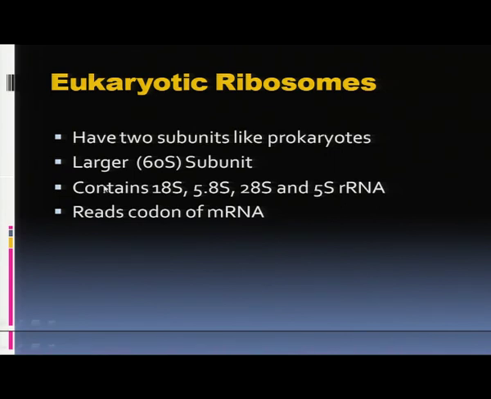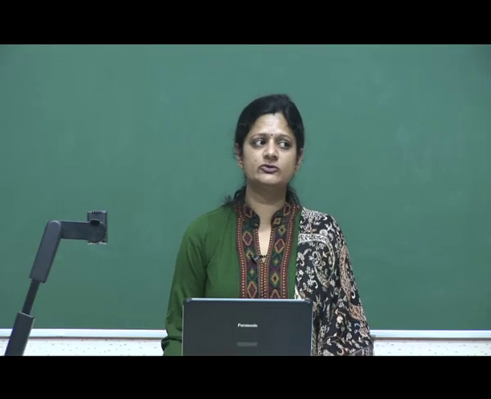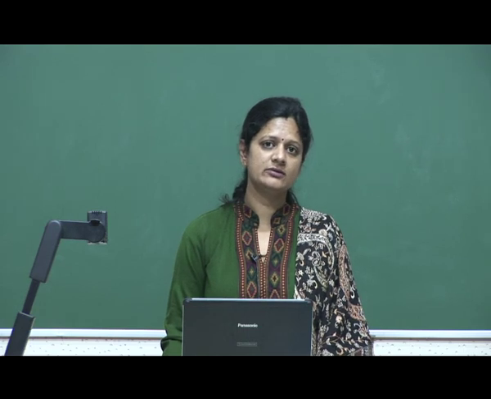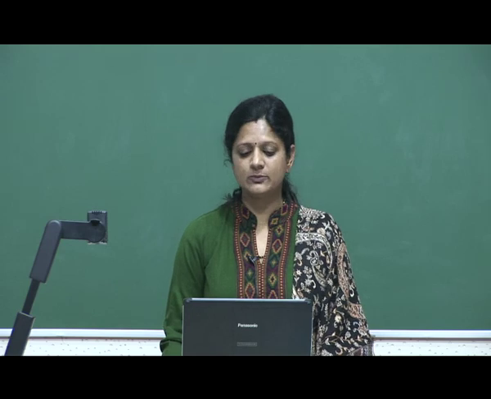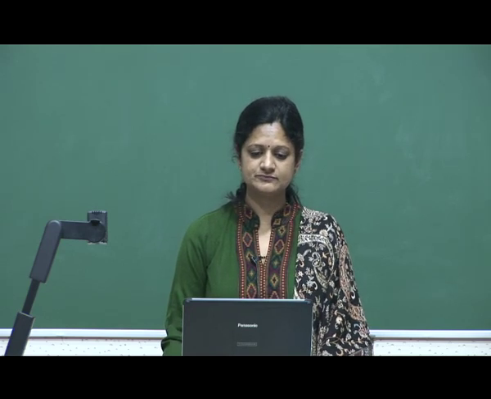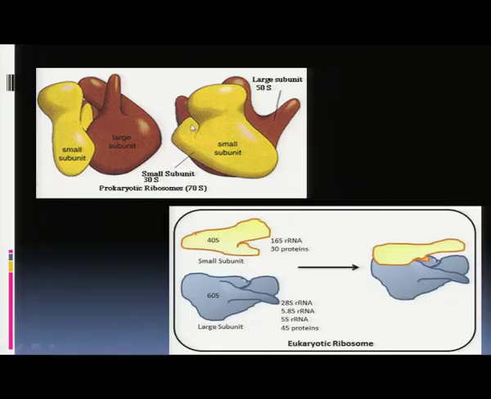These ribosomes contain 18S, 5.8S, 28S and 5S ribosomal RNA, and these ribosomes will read the codon of messenger RNA during the protein synthesis. So, you can see the structure of prokaryotic and eukaryotic ribosomes.